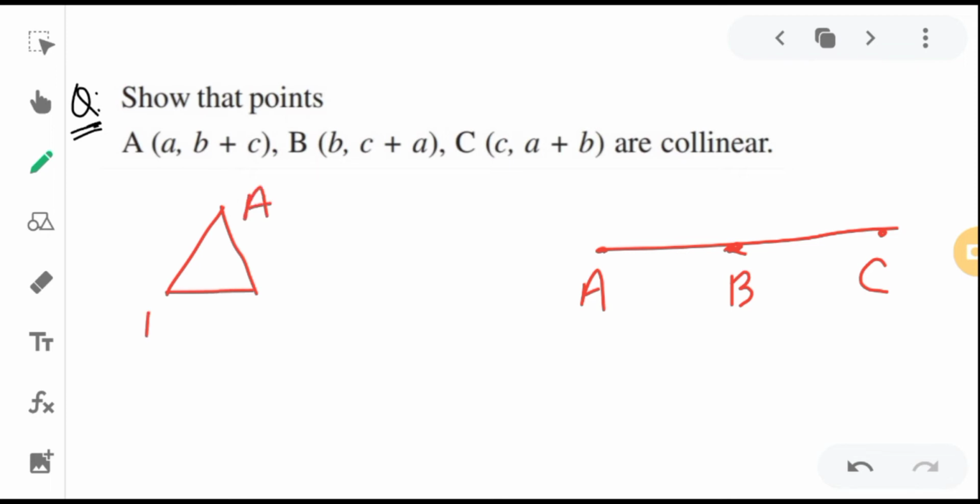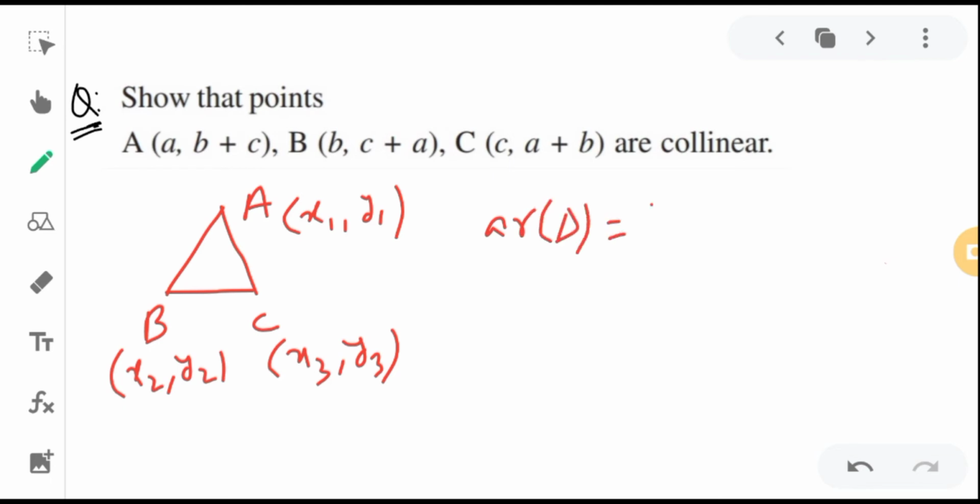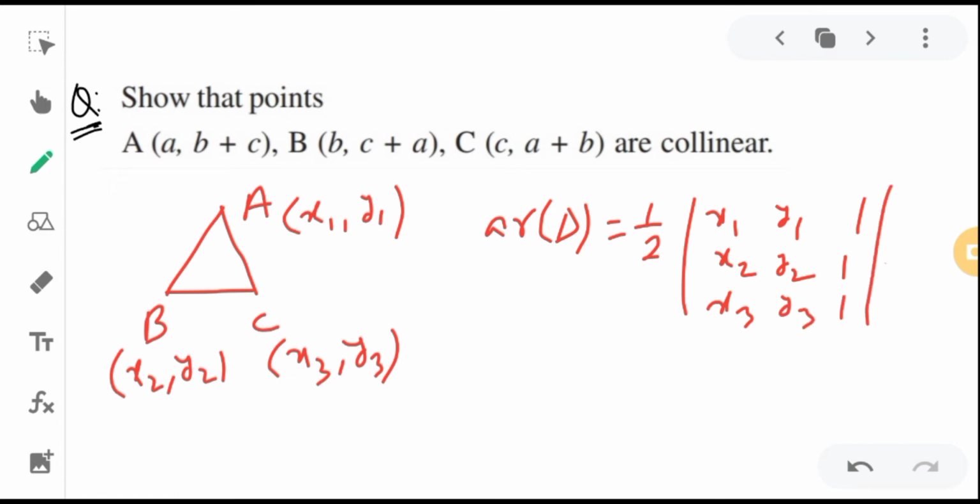If the first point is x1 comma y1, the second point is x2 comma y2, and the third point is x3 comma y3, then the area of the triangle ABC, one formula you have studied, is half of the determinant x1 y1 1, x2 y2 1, x3 y3 1. So we will use this formula.